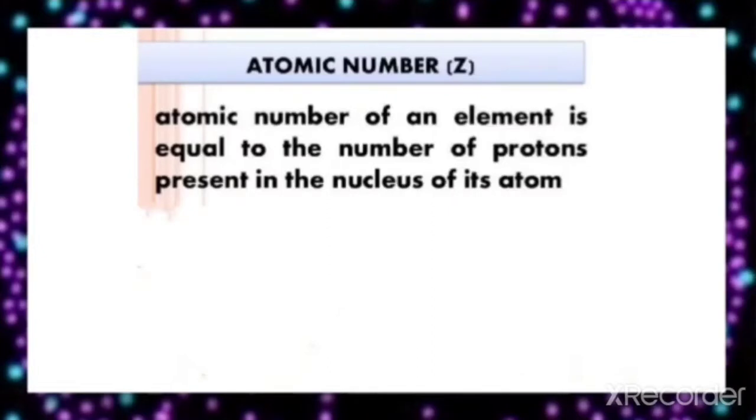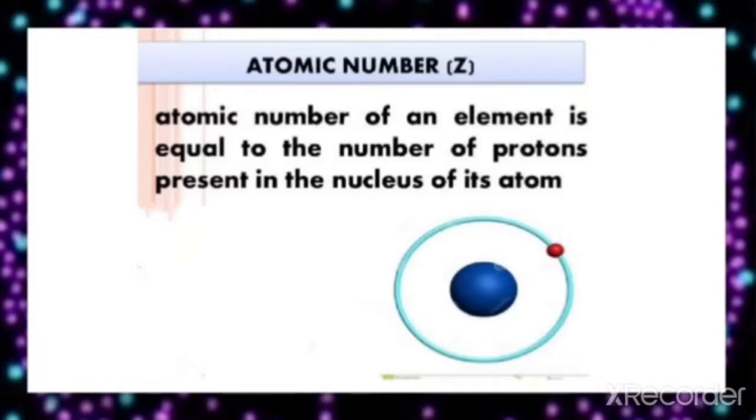Atomic number of an element is equal to the number of protons present in the nucleus of its atom. So for all the atoms, its atomic number is nothing but the number of protons present in the nucleus of that atom. And all the atoms of an element have the same atomic number.